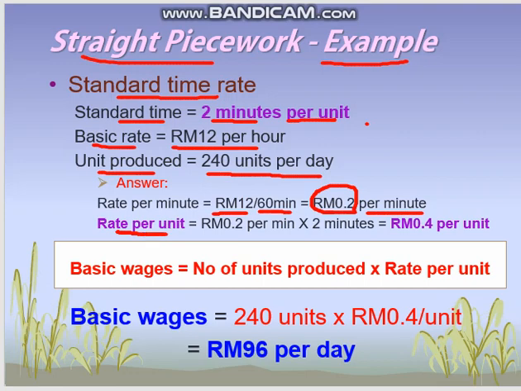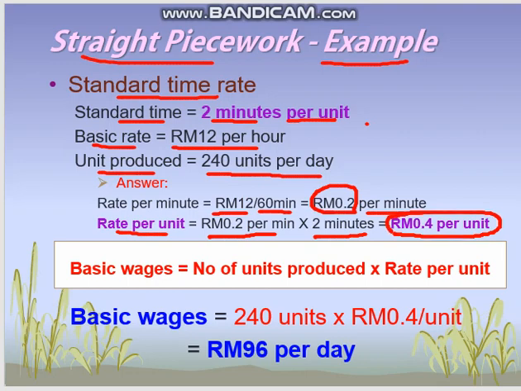If 1 unit requires 2 minutes, you multiply 20 cents by 2 minutes, so 40 cents is paid per unit.